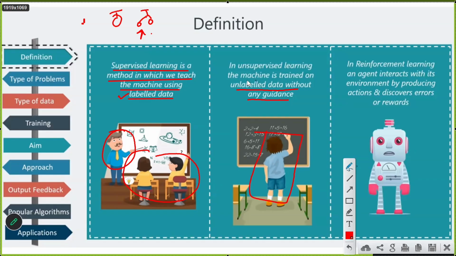So in unsupervised learning, the machine is trained on unlabeled data without any guidance. I will practically explain with an example what labeled data and guidance mean, and also how it works without guidance. Don't worry. That is supervised learning and unsupervised learning.